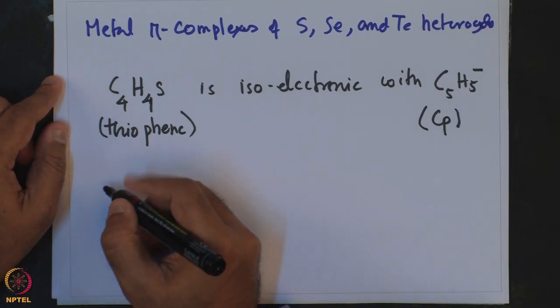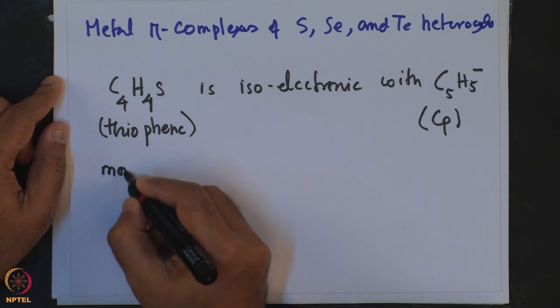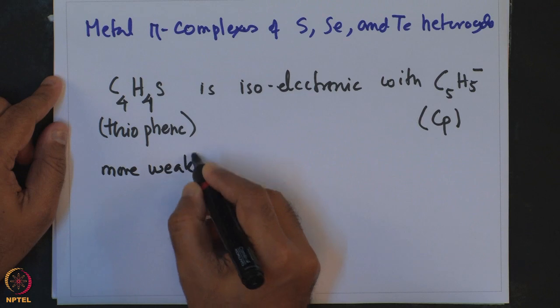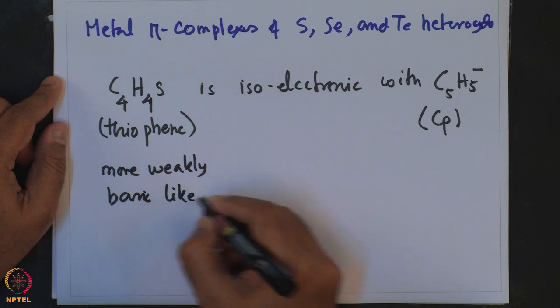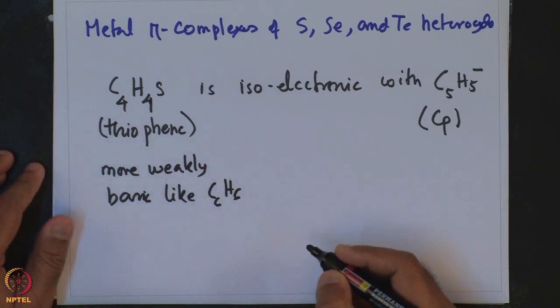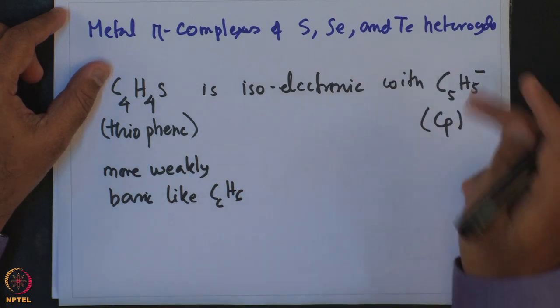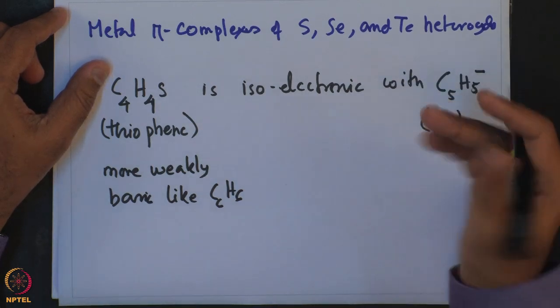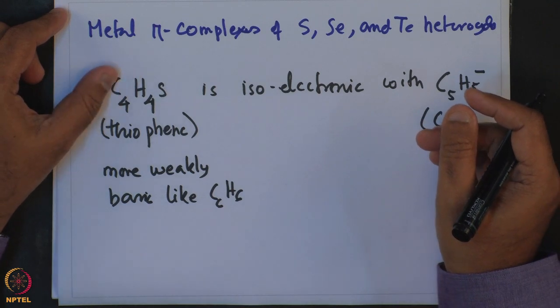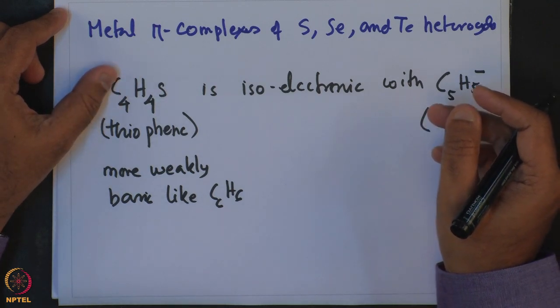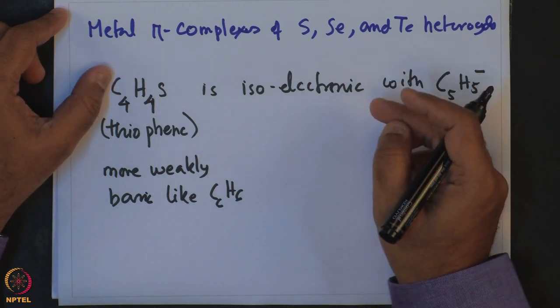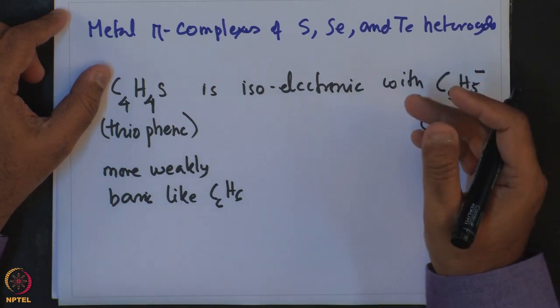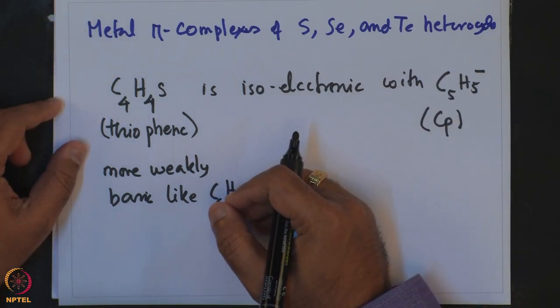So, this is an interesting consideration. Thiophene, C4H4S, is isoelectronic with the C5H5 minus ligand, or rather the cyclopentadienyl ligand, the Cp ligand. And that is kind of understandable because Cp being anionic is much more basic, whereas thiophene being neutral is certainly less basic than what Cp would be, and hence a neutral thiophene ligand is similar to benzene, which itself is also a neutral molecule.